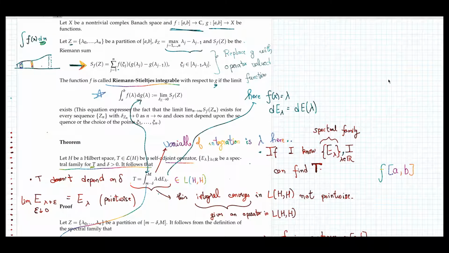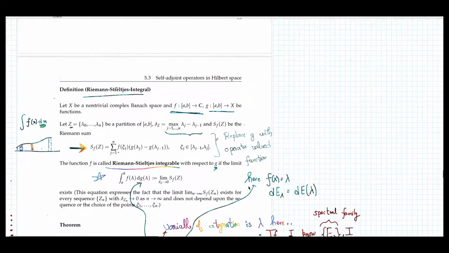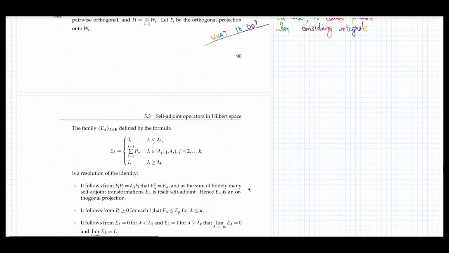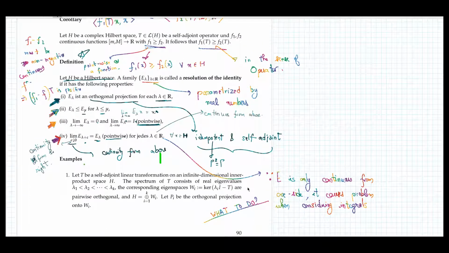One very subtle thing I would like to discuss with you guys is why there is m minus delta here and a capital M here. The reason behind this is, if you go up and look at property number 4 for my resolution of identity, it said that this limit as epsilon goes to 0 from the positive side is equal to E_lambda.